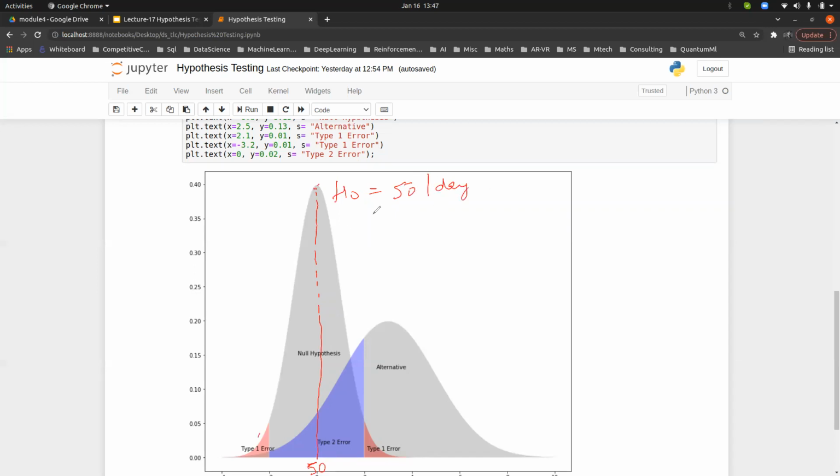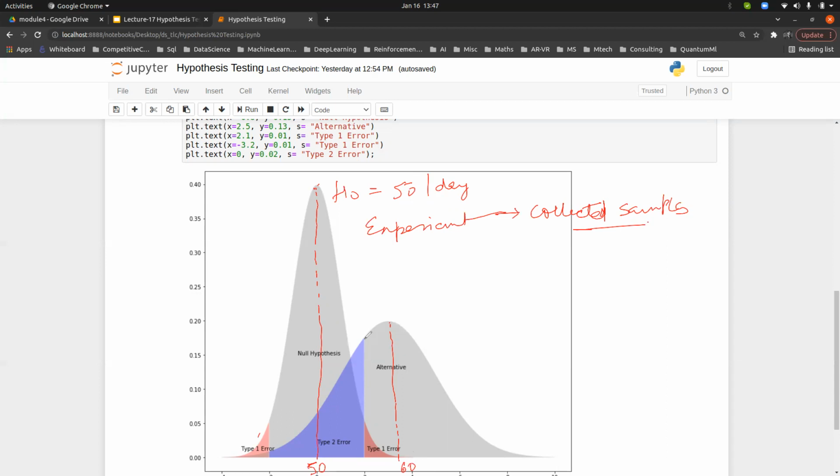Now we did a sample, we did an experiment in which we collected samples, and there what we observed was that the mean was 60.